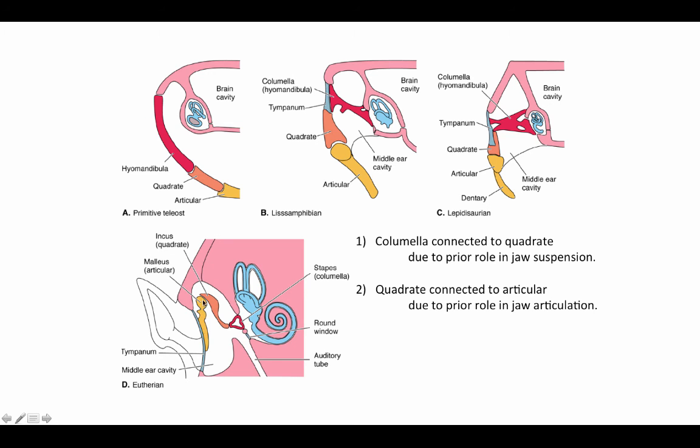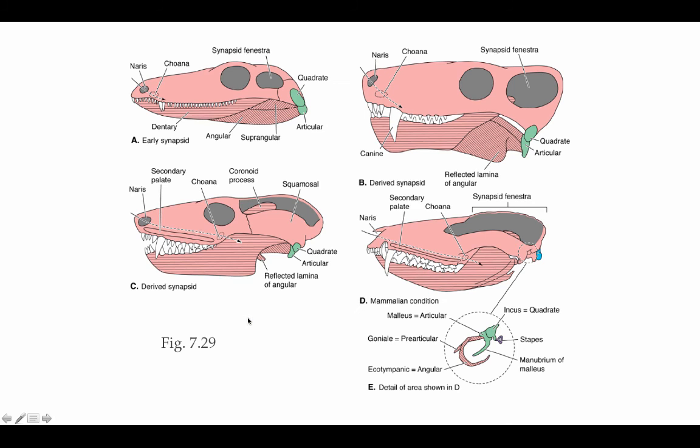So here we have the articular, which is now the one that's making the connection with the tympanum, or the eardrum. So this is now known as the malleus. The quadrate is now known as the incus, and the columella is now known as the stapes, and this makes that connection with the internal membrane to transmit sounds from the middle ear to the inner ear. And so we see that in these very early true mammals.